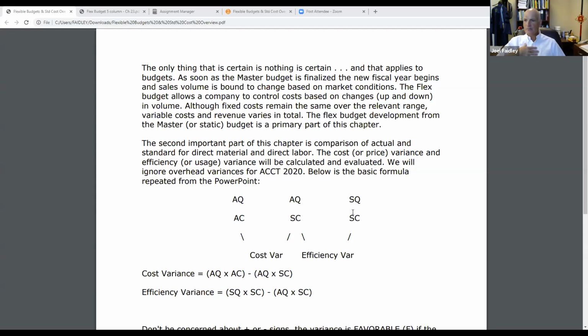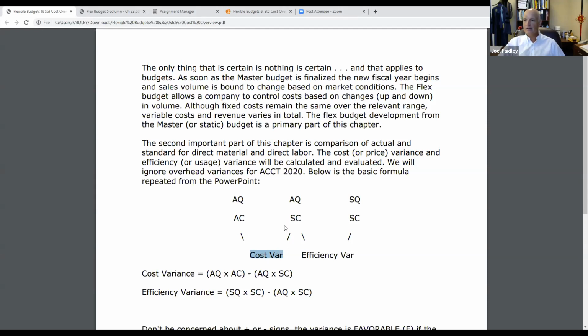And then you want to do a comparison against, well, what was the actual quantity versus the standard quantity? Did you use more? Did you use less? And then the actual cost versus standard cost is, did you pay more or pay less than what the standard says? So when you're comparing the actual cost and standard cost, there you see cost variance. That's the difference between what you pay for something.